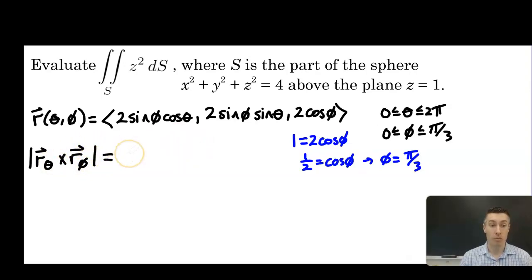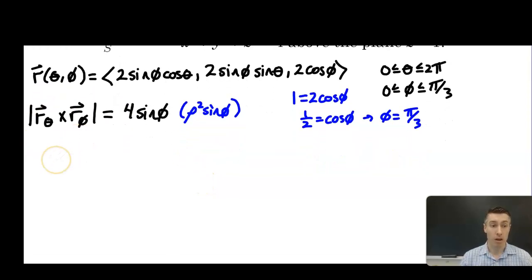The magnitude of this cross product is going to be 4 sine phi, which is really nothing more than rho squared sine phi from our work with spherical coordinates. So that does save us a bit of time and effort here. Otherwise, we'd be finding two tangent vectors and the cross product, and we could do it. It would just take time.